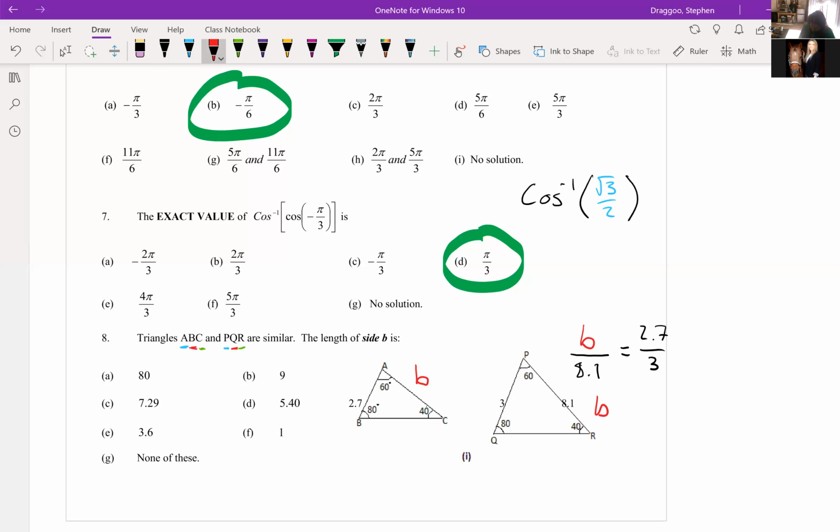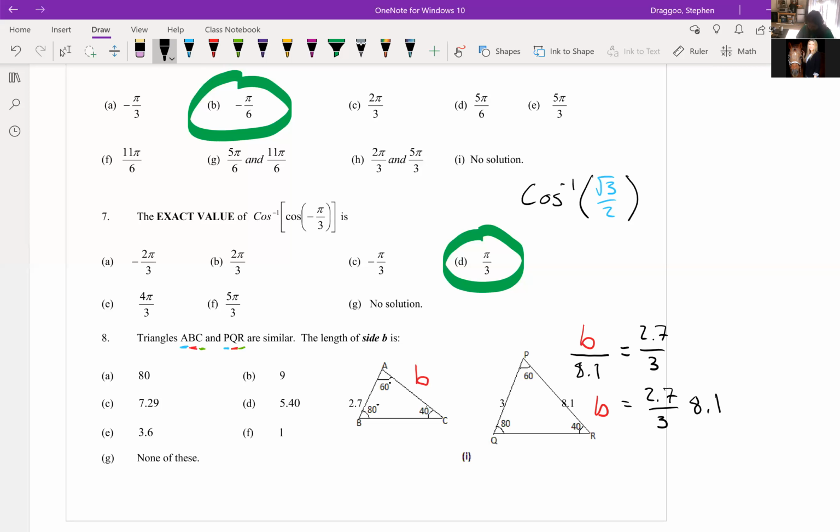Which means then that B is equal to 2.7 over 3 times 8.1, which is going to be 2.7 squared.